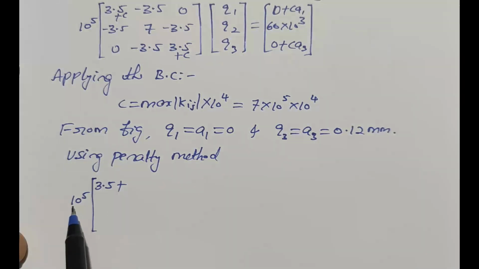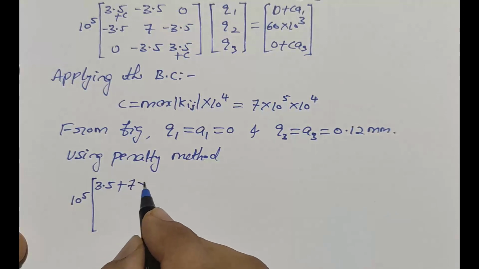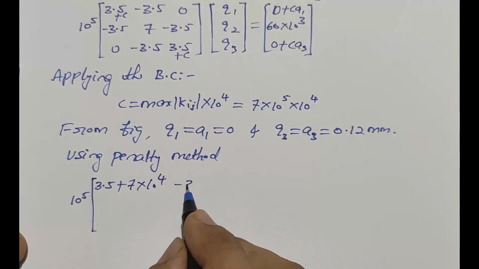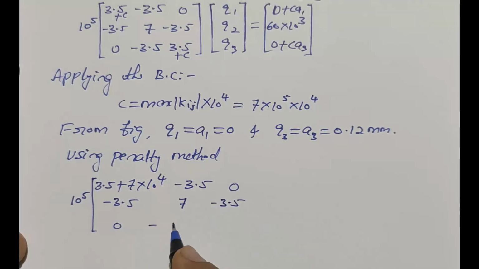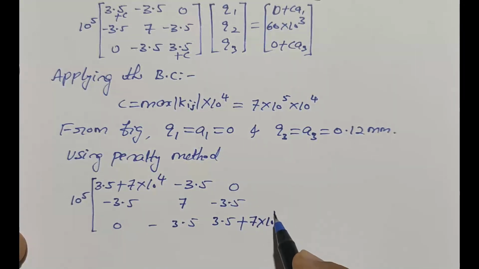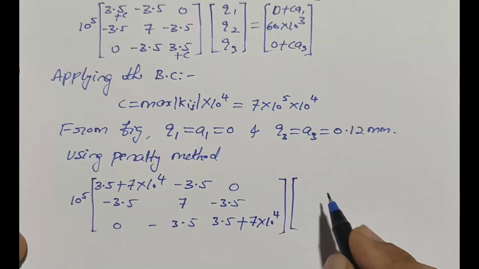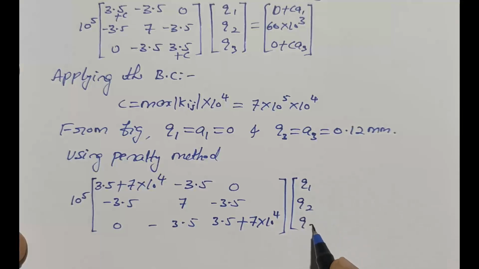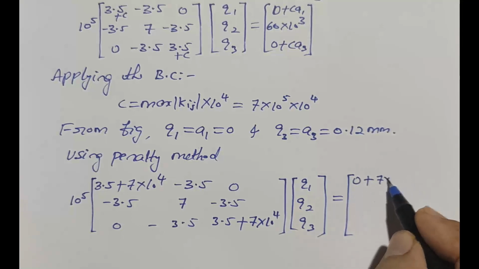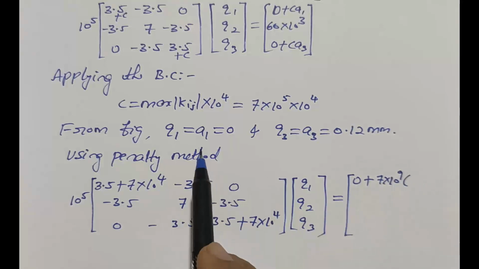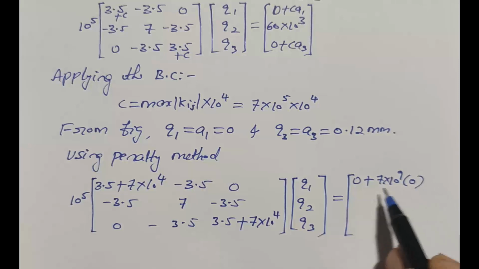Since this 10 power 5 is outside, I will take only 10 power 4. 7 into 10 power 4 minus 3.5, 0, minus 3.5, 0, 7, minus 3.5, minus 3.5, 3.5 plus C. Again it is 7 into 10 power 4 into Q1, Q2, Q3 is equal to F1, it is 0 plus C, 7 into 10 power 9 into A1, A1 is 0. So this complete term becomes 0.